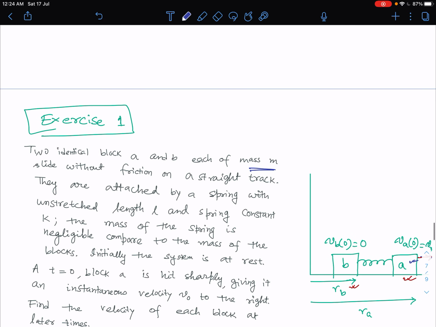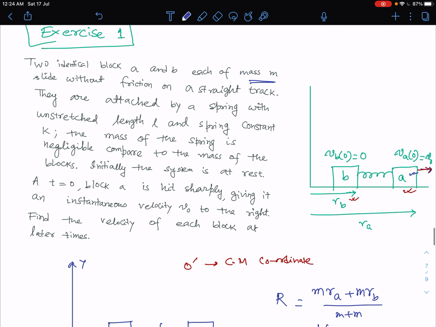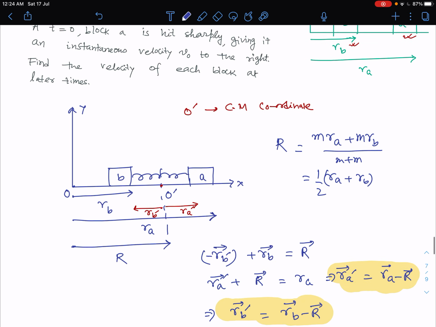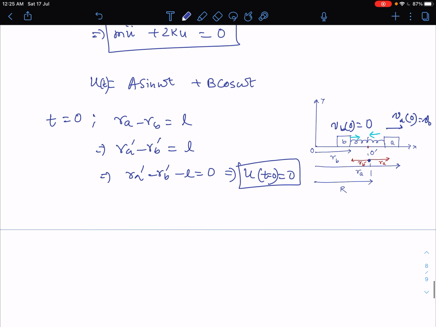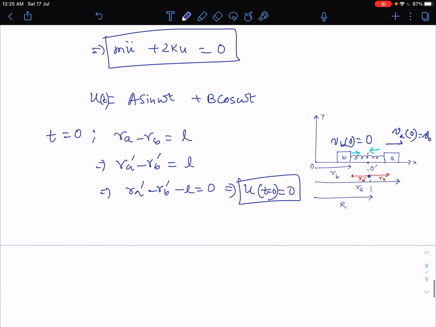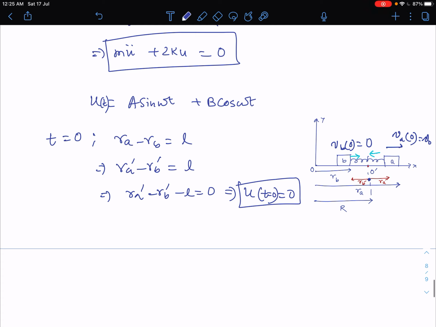Again, the initial velocity of A is V0 and of B is 0, so Va0 is V0 and Vb0 is 0. That is our second condition.